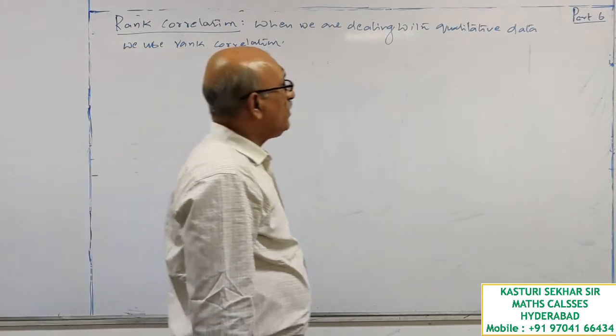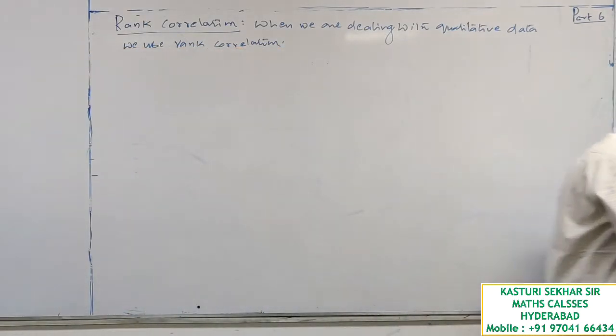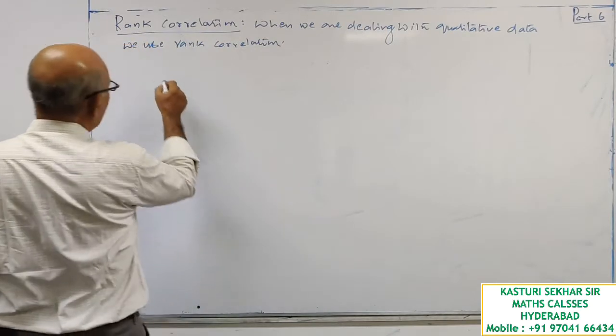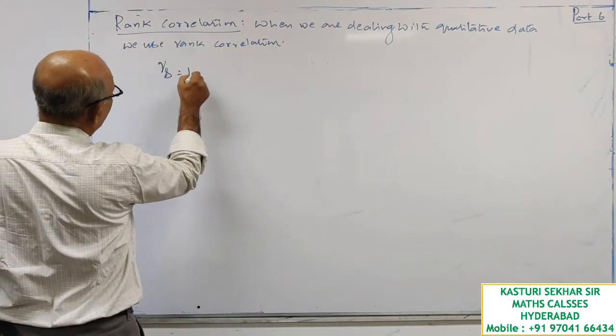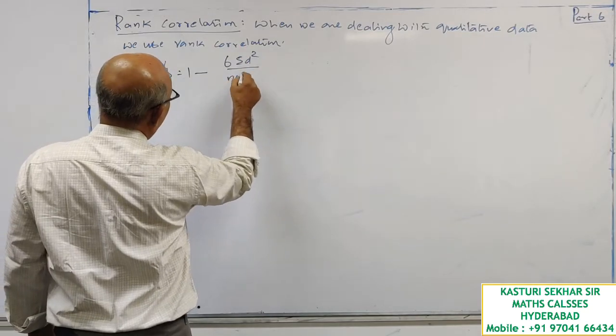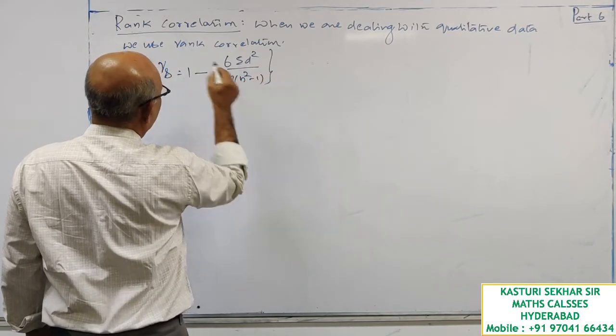When we are dealing with qualitative data, we use rank correlation. How to calculate rank correlation, sir? Rs is equal to 1 minus 6 into summation of d square by n into n square minus 1.